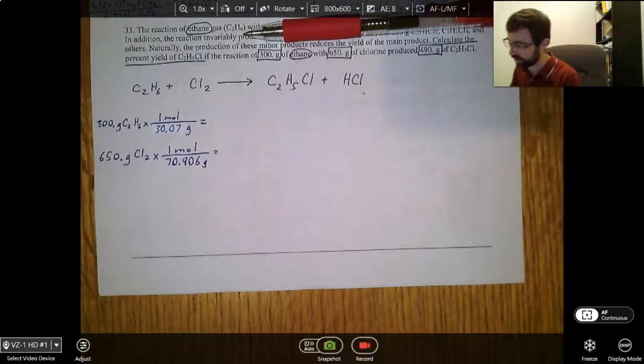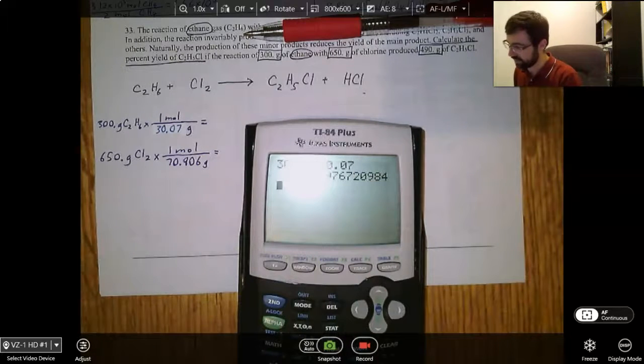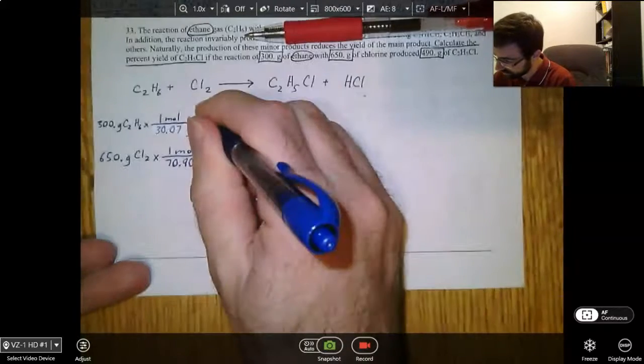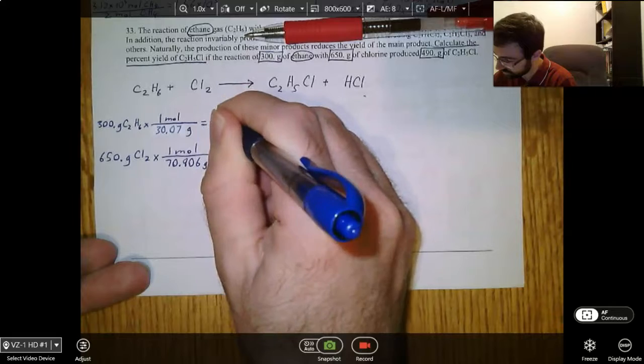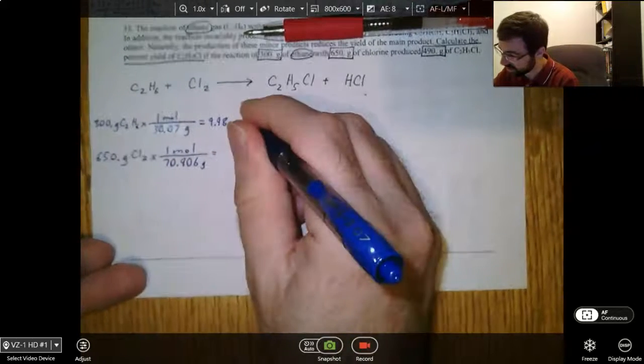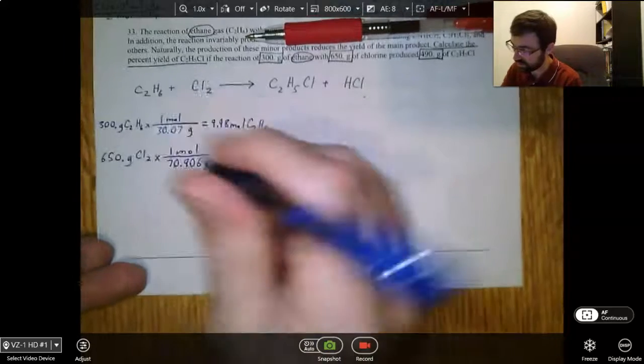See what we get when we put those in the calculator. 300 times 1 over 30.07, 9.98 for 3 sig figs, 9.98 moles. Don't forget to label what it is, moles of C2H6, because we're going to need to know which one to put it above.